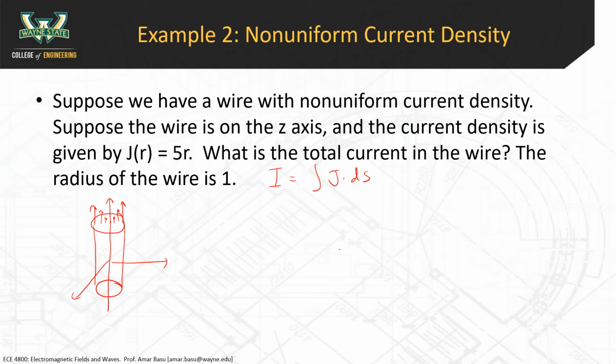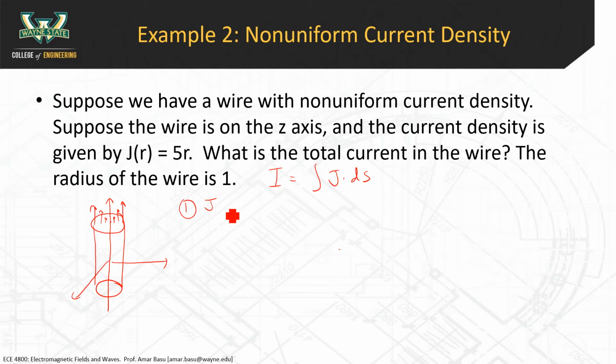Okay, and we're integrating over a surface. And just like before, I like to use a very step-by-step methodical approach to doing these integrals. So our first step, we're going to find ds, then we're going to find out what J is, and then we're going to find the limits of integration, and then actually do the integral. So let's start with J.